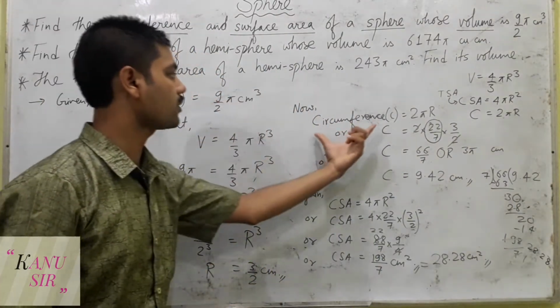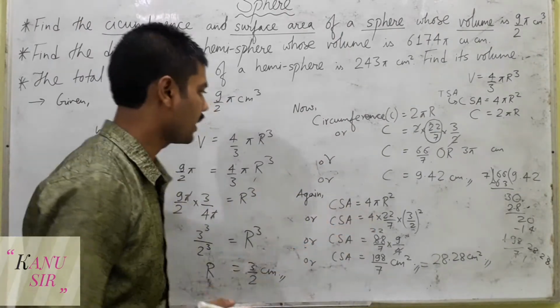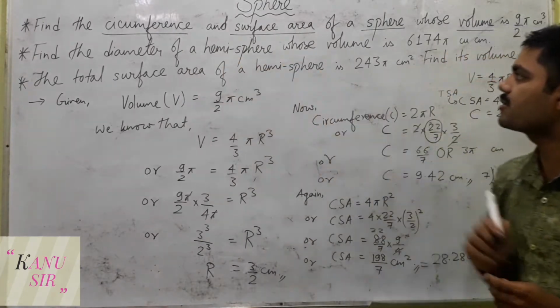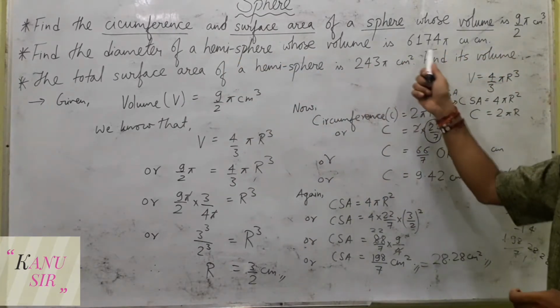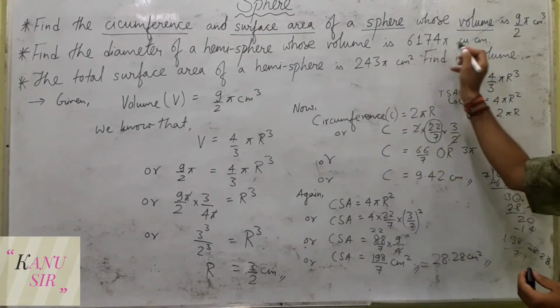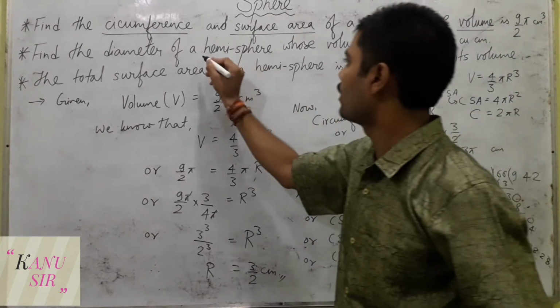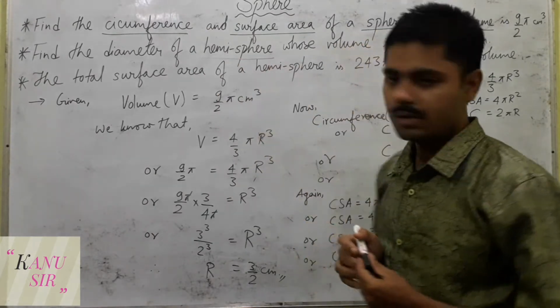The question had asked circumference and surface area. After that, in the second question: find the diameter of a hemisphere whose volume is 6174 pi cubic centimeter. So here the question is now about a hemisphere.